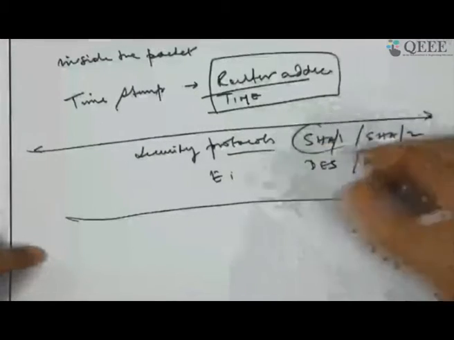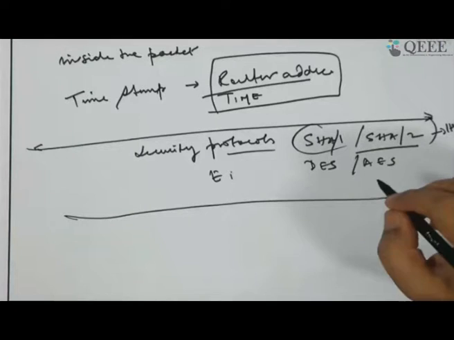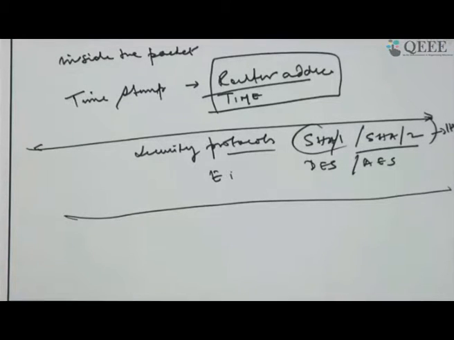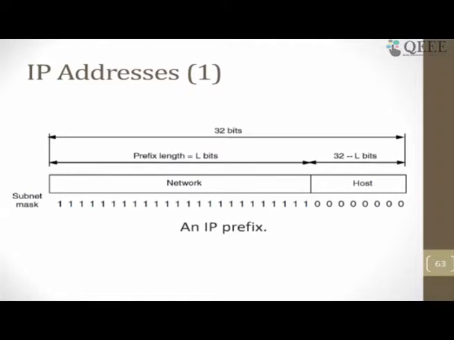So SHA-1, SHA-2 are hash functions, secured hash functions, or the DES things are used.